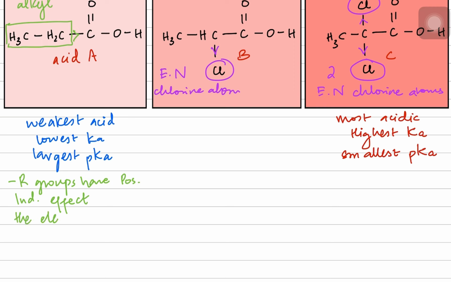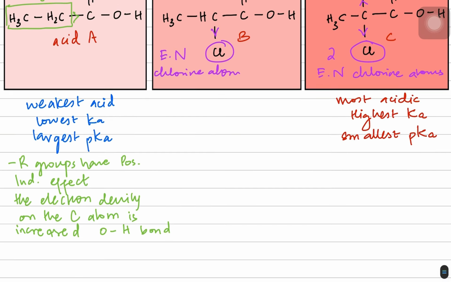Because of the positive inductive effect, the electron density on the carbon atom in the carboxylic acid group is increased. And because of that, the OH bond is not weakened at all.